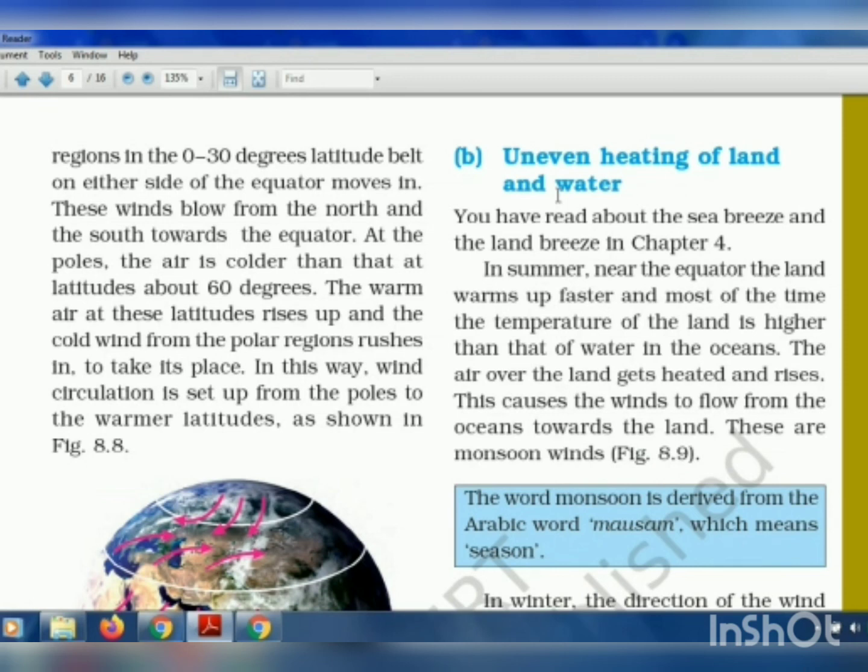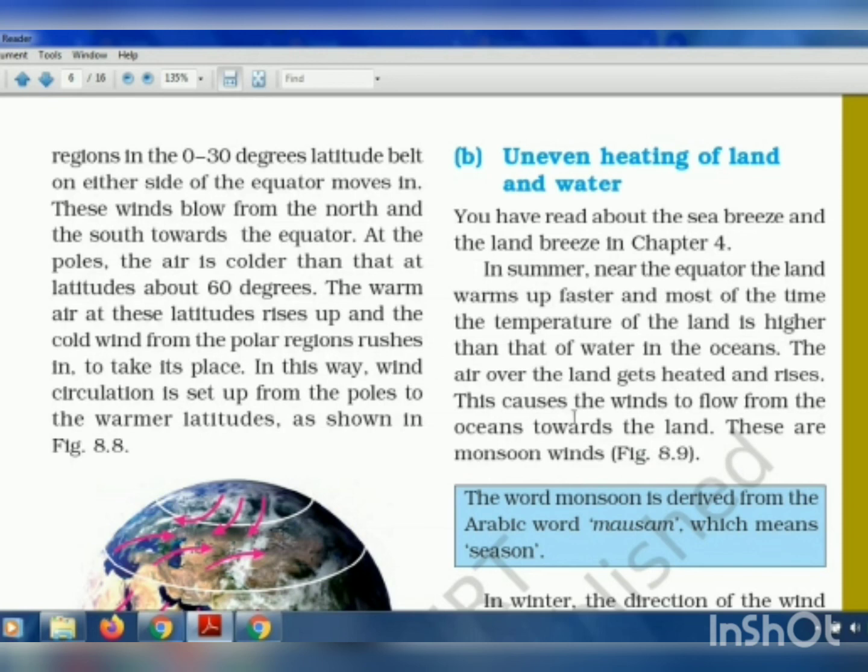So in the summer season near the equator, the land warms up faster, and most of the time the temperature of the land is higher than the water. So what happens? The air above the land gets heated and rises up, and the cool air above the oceans and seas starts to move to the land, and this causes the movement of air.